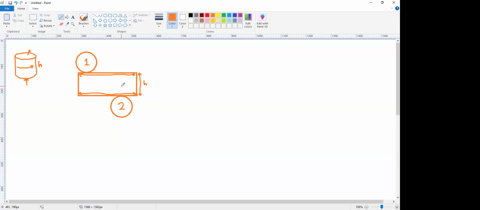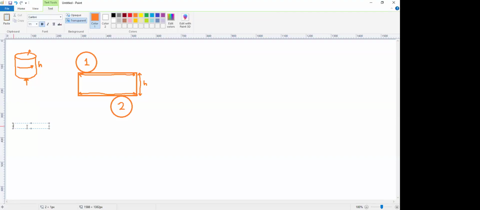Now let us go back to the question. The question asked us for the curved surface. Again, remember, I'm going to write it down so that when you are writing it in your book, you will write it down.